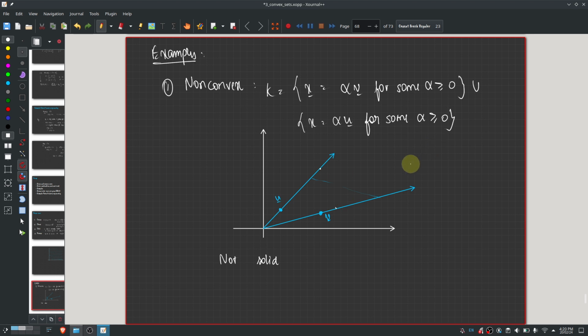So consider a sequence of the form, say x k equal to some alpha k times u for k odd, and it's equal to some beta k times v for k even.